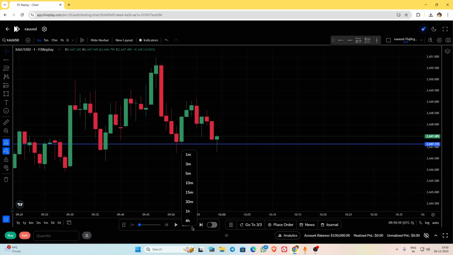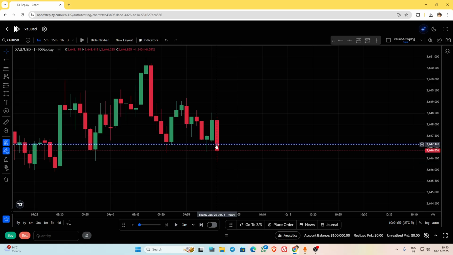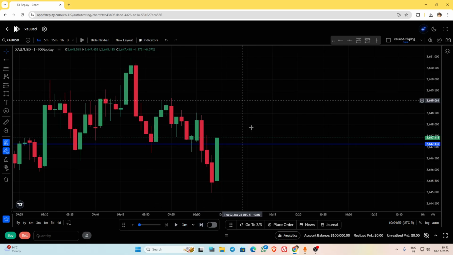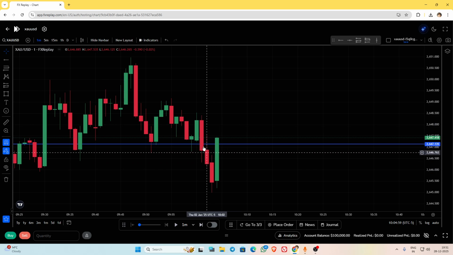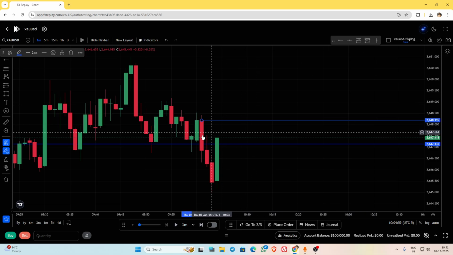Let's go to 1 minute and watch the market. You can see we are in the POI at the 10:01 candle. Now we will wait for CISD. So this is the candle and this is a 3 candle swing. We need a close above this in order to take the trade, because this is the point where we will change our state.